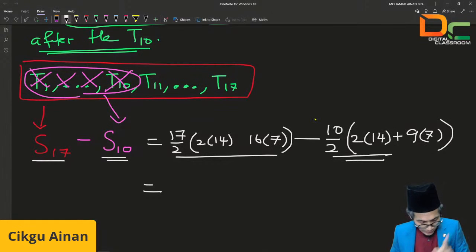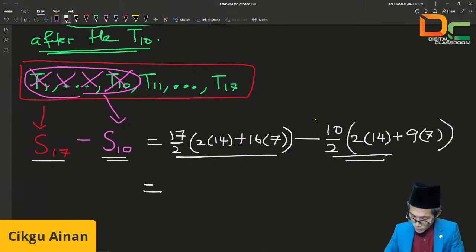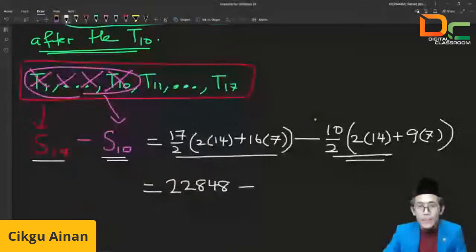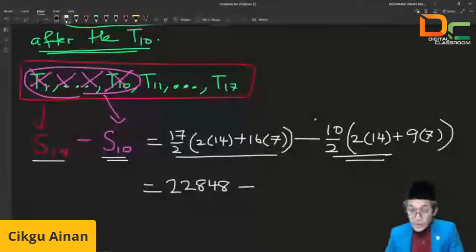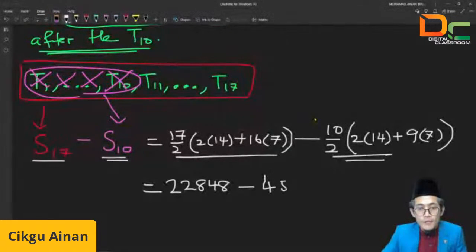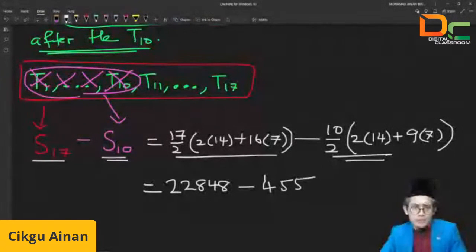So 28 plus 16 minus 7, times 17 divided by 2. It's 22848? Did I make a mistake?